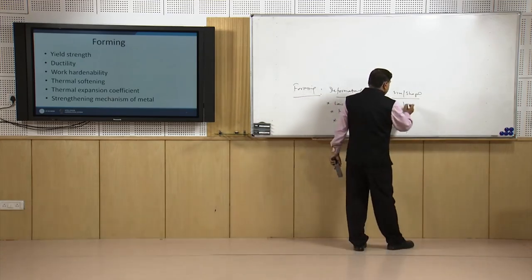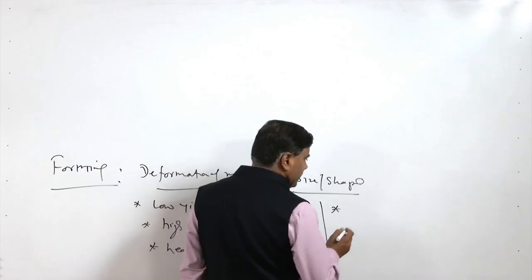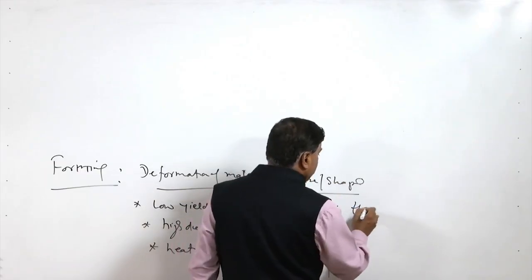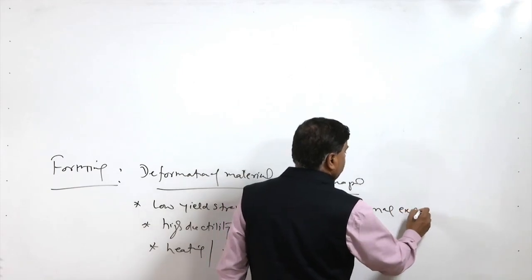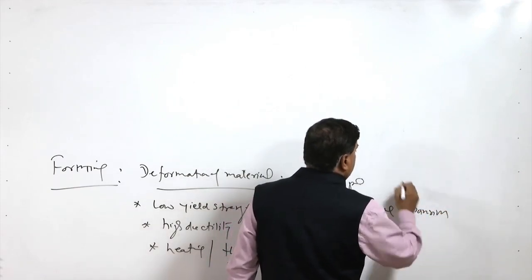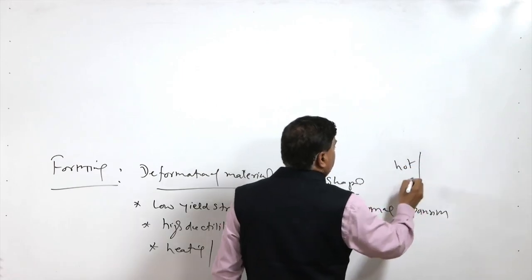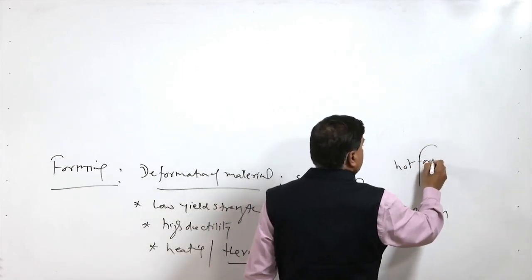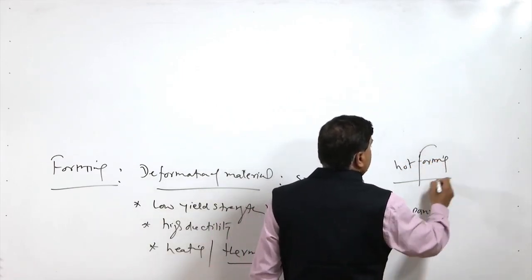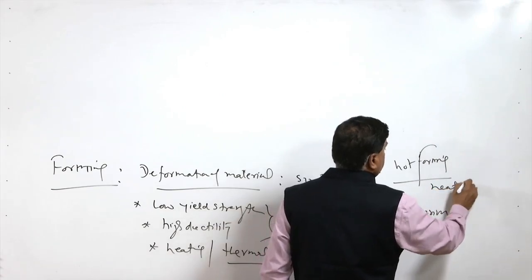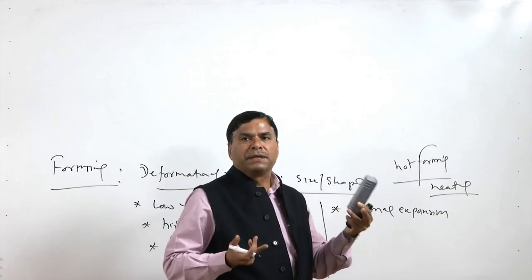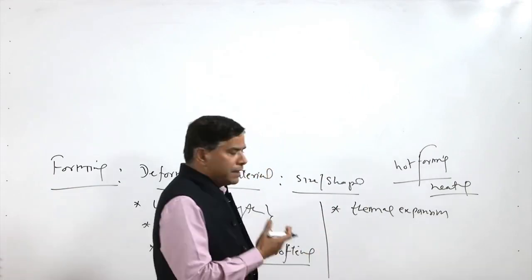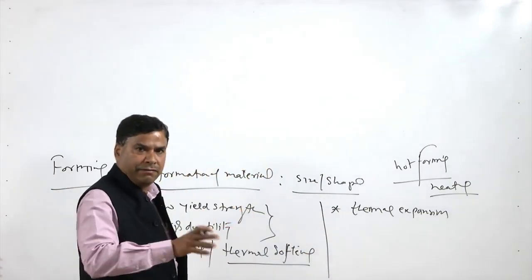Then there is the problem of thermal expansion. We know the hot forming processes involve heating to a high temperature. So, the increase in temperature will lead to thermal expansion of the material, and in the expanded condition the material will be deformed.